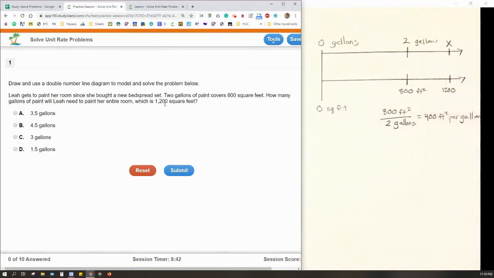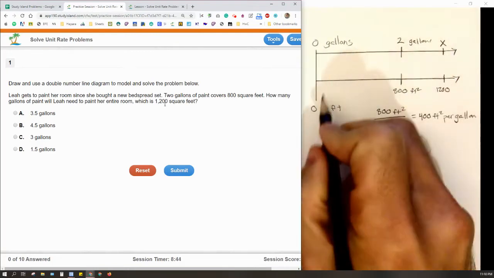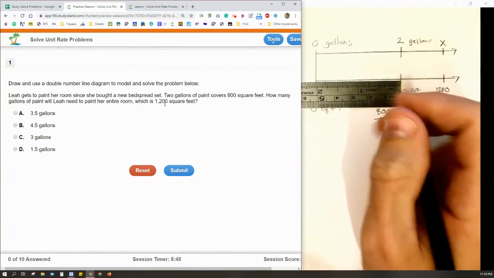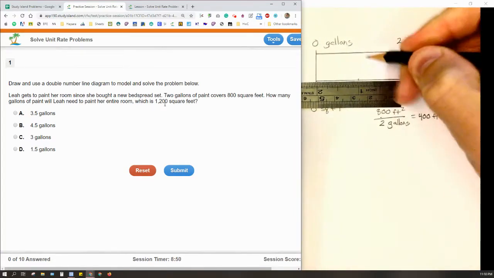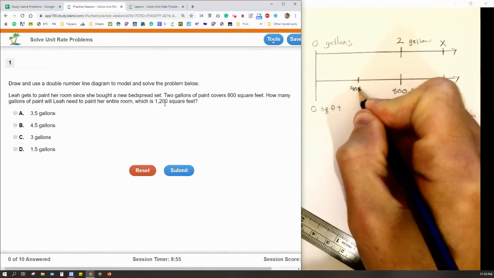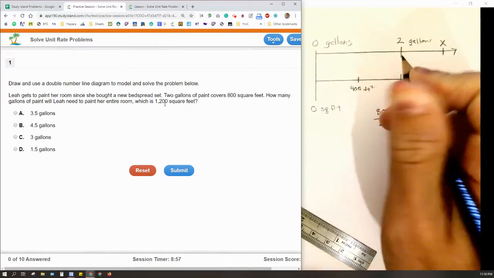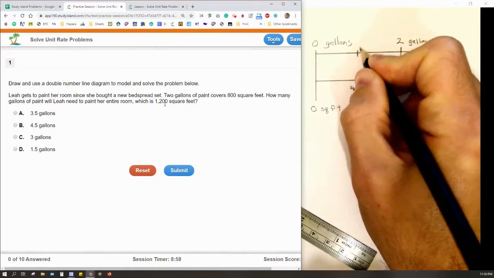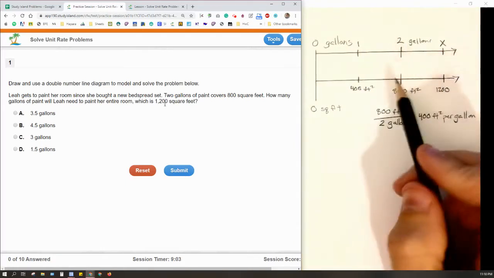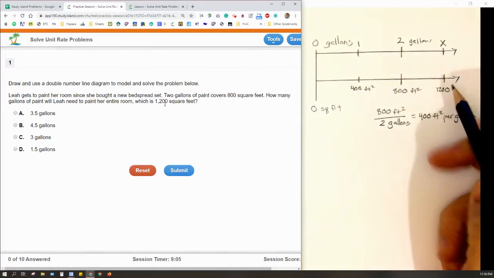And I can add those to our number line diagram. 400 would be halfway to 800. So if I go there, it's about right there. So here's my 400 square feet. And right above it would be my 1 gallon. So there's 1. And now we can use that to extrapolate out to 1,200.